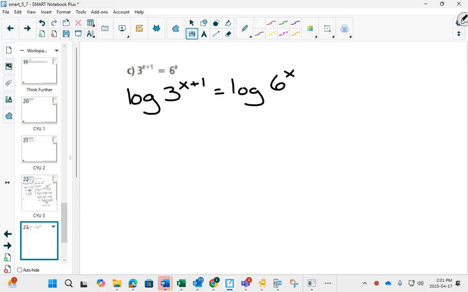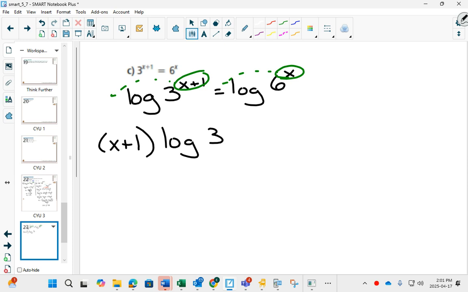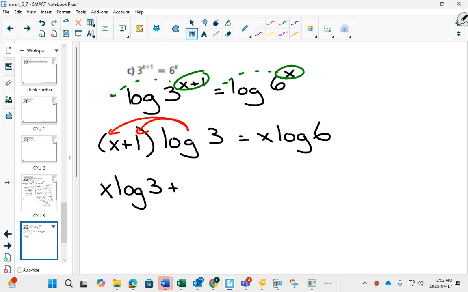But now when I take the log of both sides, this exponent can come out in front and this exponent can come out in front. So we're going to get x plus 1, it's a binomial, it has to be in brackets. And then the log of 3 is a number that can be distributed. So we're going to get x log 3 plus 1 log 3, which is just log 3.